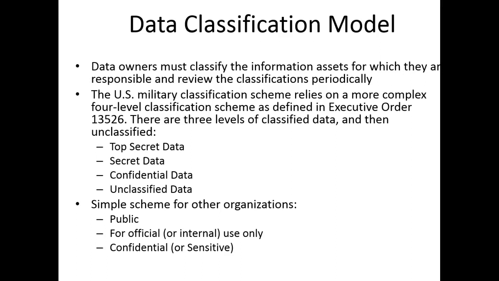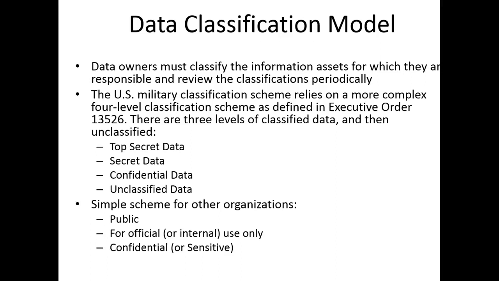So basically that's top secret. Then the second kind of classification for the data is secret. The third one is confidential. And the last one is unclassified data.